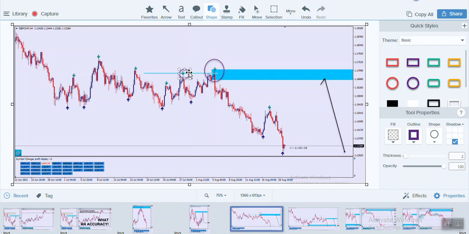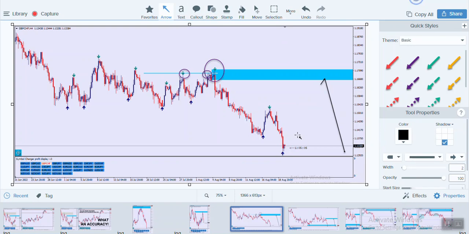The order block took it out after creating an equal high here. Price took it out and traded off immediately. So price sold off from here. I'm expecting that price will eventually come back to this zone. When price comes back to this zone, this is my sell zone. I'll be looking at selling this GBP CHF.